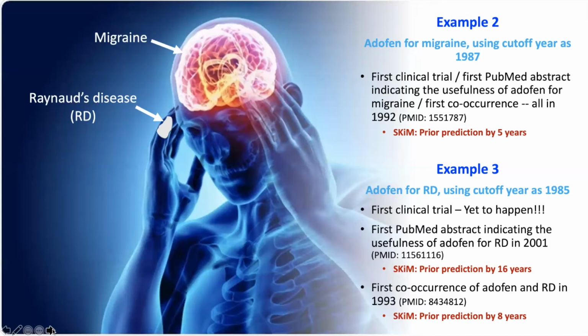And the first publication happened in the year 2001. This means Skim advanced the discovery by 16 years. The first co-occurrence of Ardofin and Raynaud's disease in the same PubMed article was found in the year 1993, which means Skim advances the discovery by 8 years.